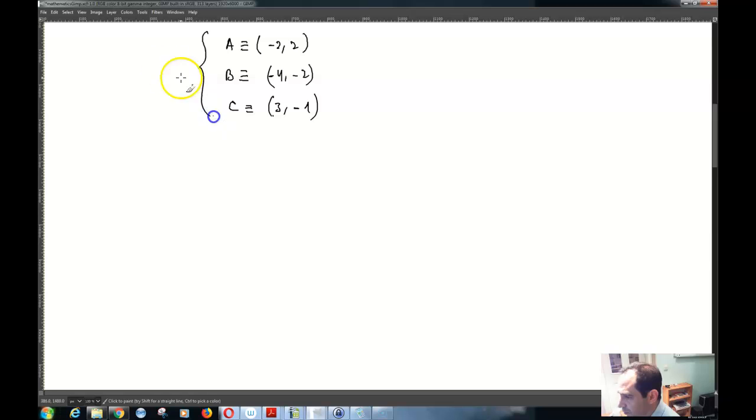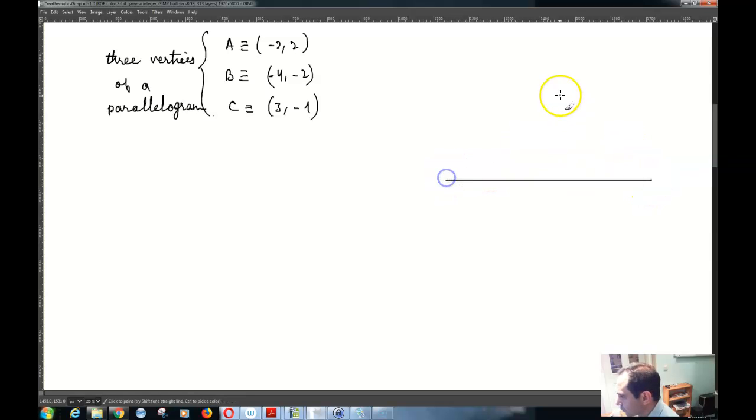These are the 3 vertices of a parallelogram. You want to find the coordinates of D. What is the coordinates of D?